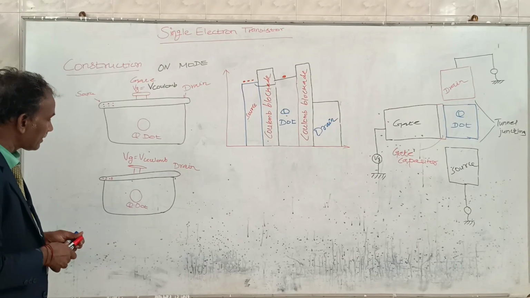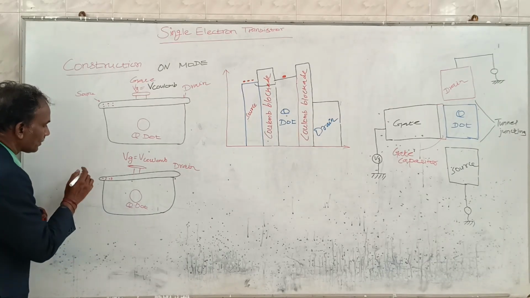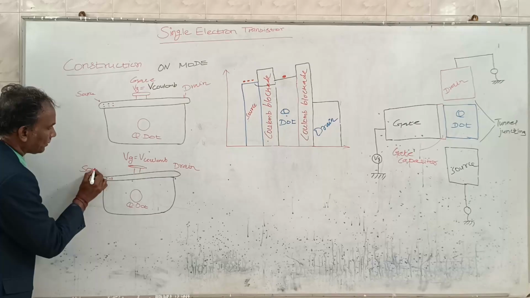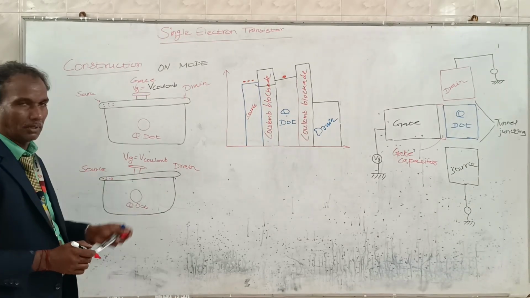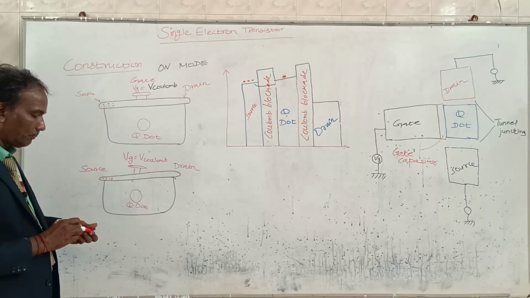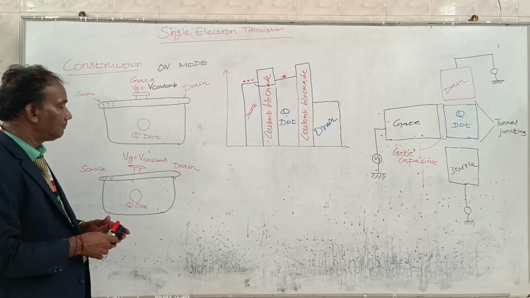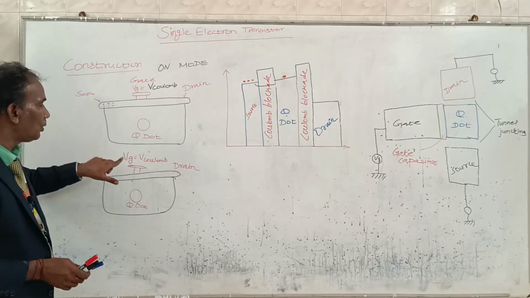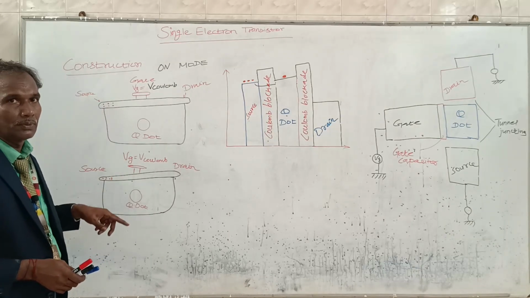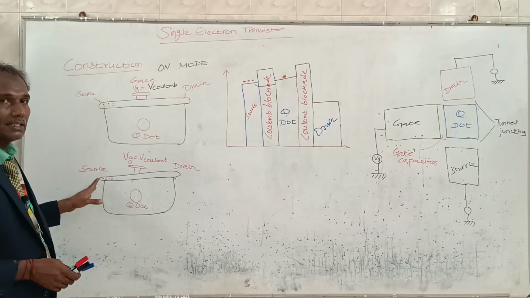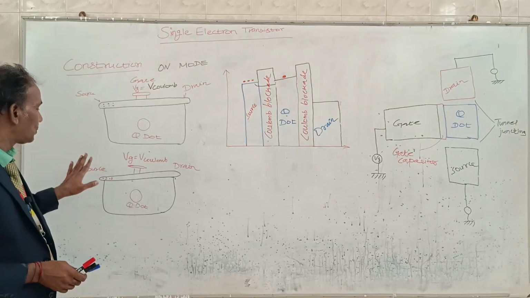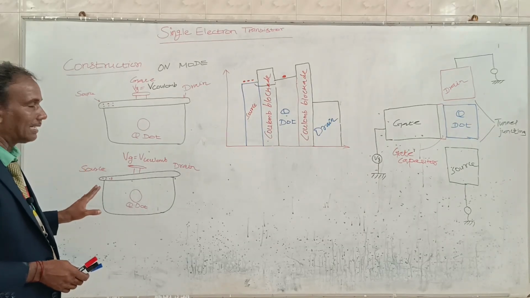Actually, the electrons will move from source to drain via the quantum dot. So in the off state, the gate voltage is equal to 0. That's why electrons will not move from the source. They will stay in the source itself.